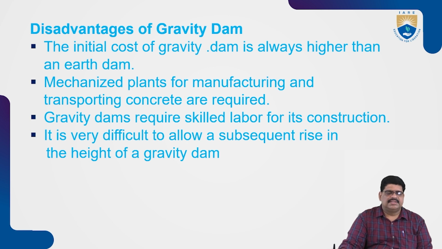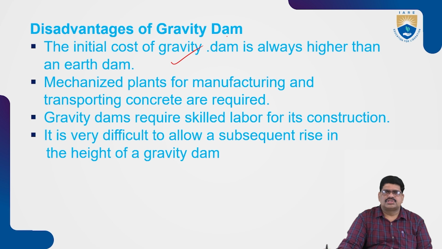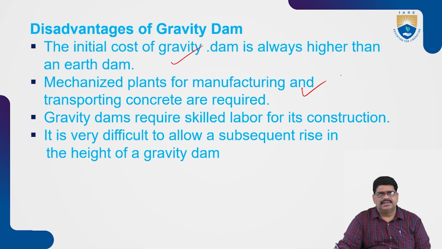But let us see the disadvantages. The initial cost will be crores of rupees, thousands and lakhs of crores of rupees can be invested in gravity dam construction, and the cost may be increasing day by day. Next, mechanized plants are needed for manufacturing and transporting concrete as required nearby, so the availability of materials and concrete is very much needed.